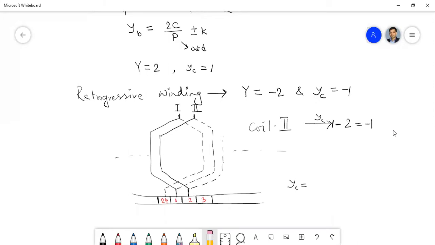And what is the back pitch, front pitch, and winding pitch?